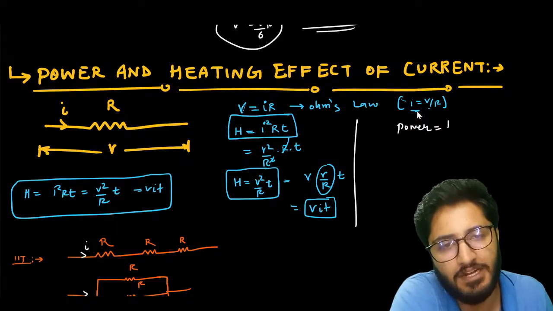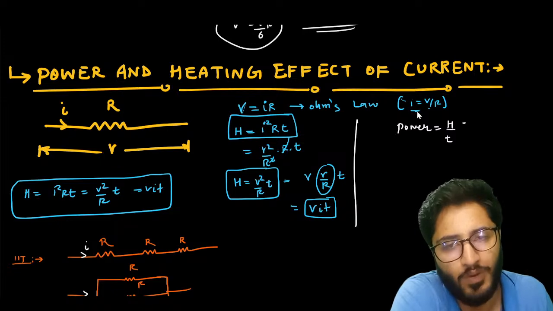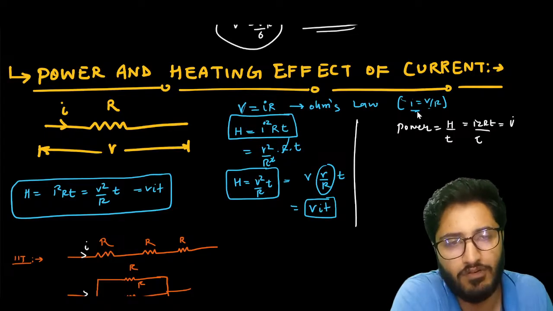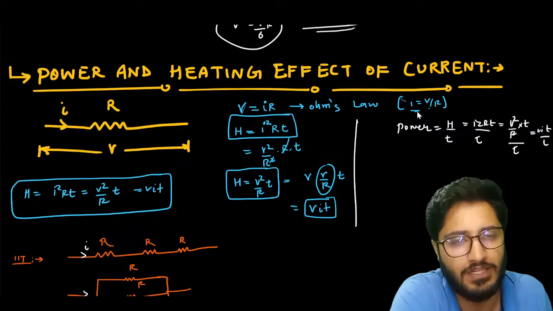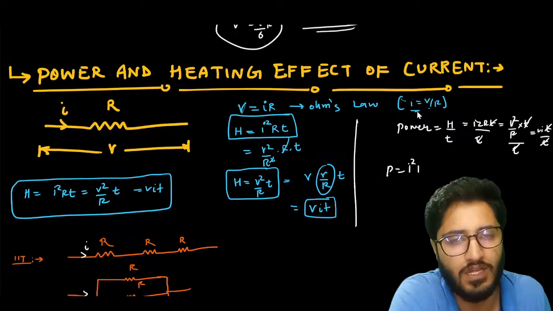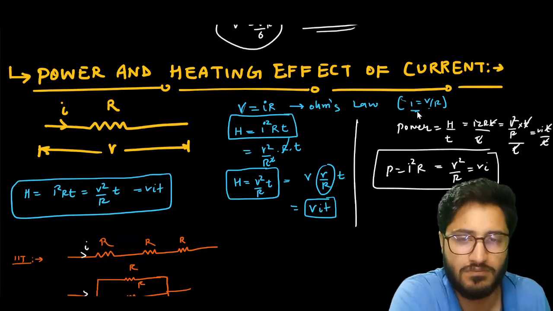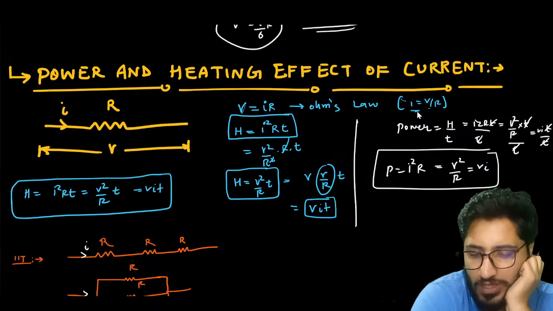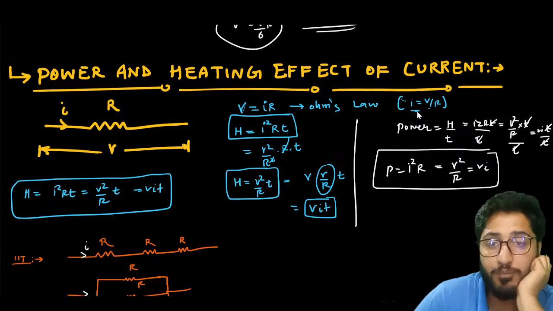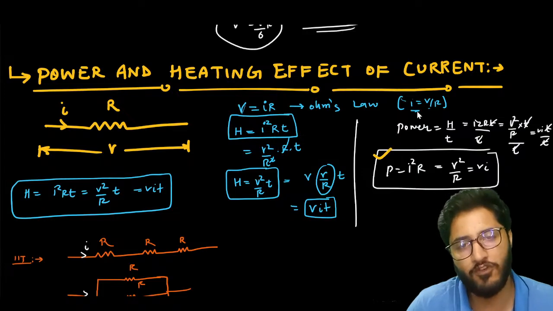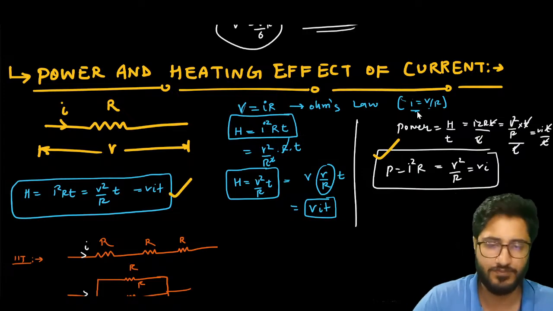It is heat production per unit time. First, it is I square into R into T by T. Second, V square by R into T, whole divided by T. Third, VIT by T. T cancels out each time. So power is equal to I square into R, or V square by R, or VI. So we have three formulas for power and three formulas for heat.